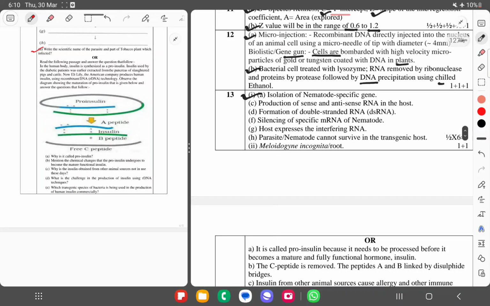Isolation of nematode species gene, production of sense and antisense RNA in the host, formation of double-stranded RNA (dsRNA), silencing of the specific mRNA of the nematode. G: the host expresses the interfering RNA. H: the parasite nematode cannot survive in the transgenic host.